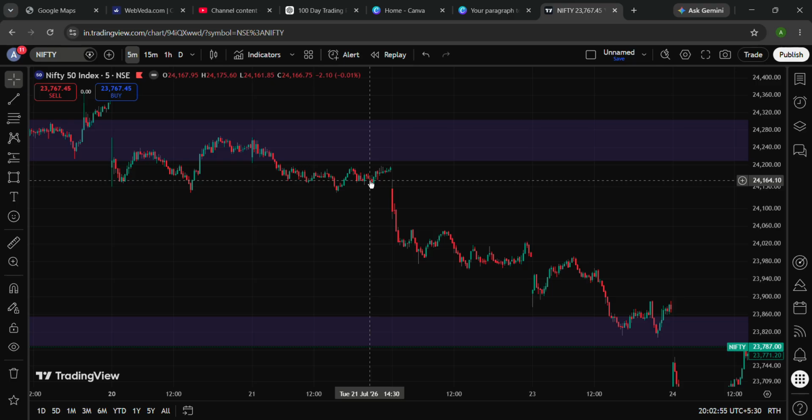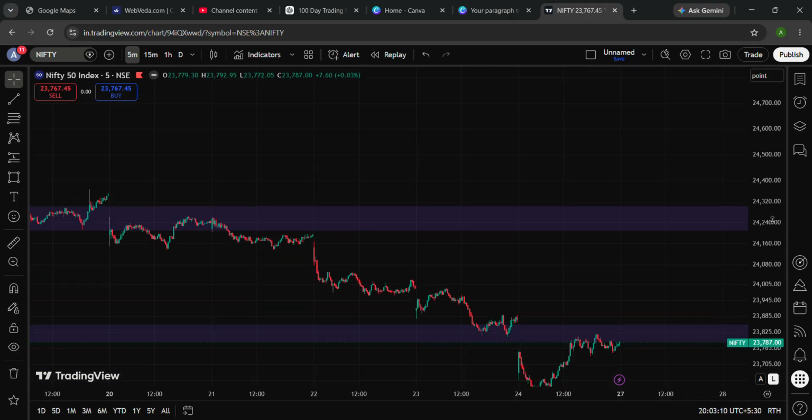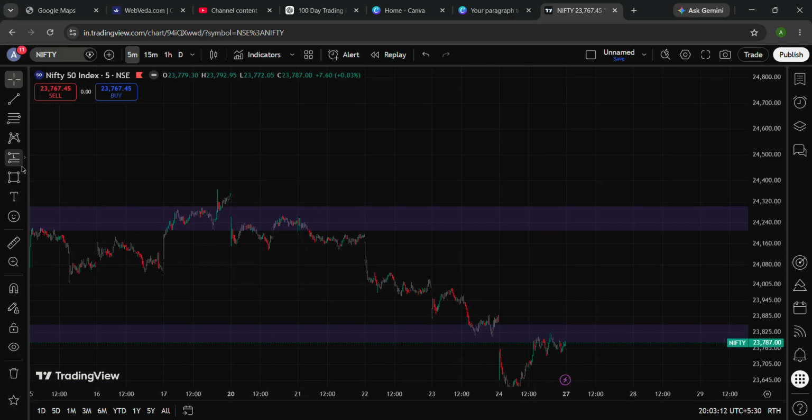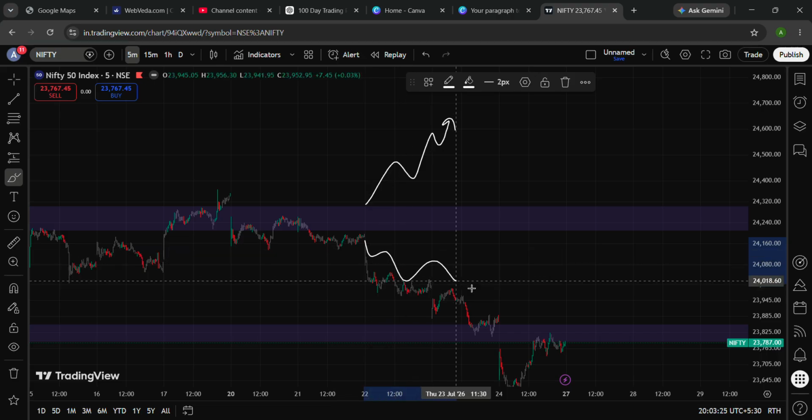So when the price is moving into the support and resistance zone, you have to wait, because in the support and resistance zone there is a high chance that the price can go up or the price can go down, but you should not gamble there, right? You should be patient.